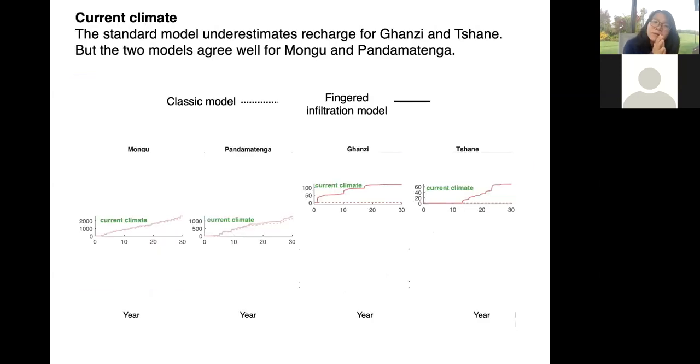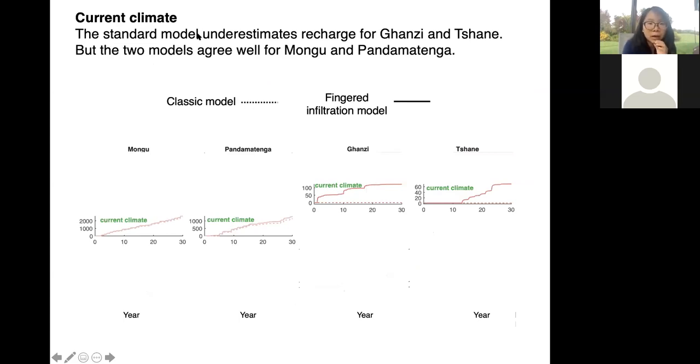What we found is that under the current climate, for all 4 stations, the standard model significantly underestimates how much water is being recharged for the southern, drier stations. For example, here the standard model, the dashed line, predicts that 0 millimeters of water will get to the aquifer, while the fingered infiltration model predicts that over the course of 30 years you will have about 10 centimeters of water.